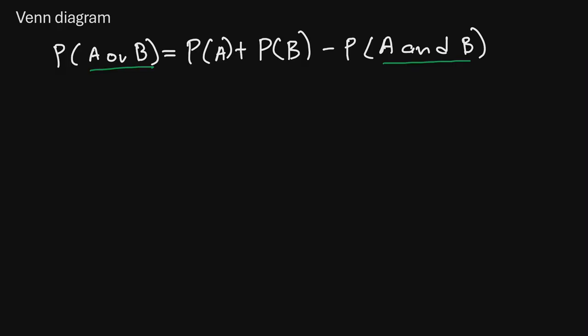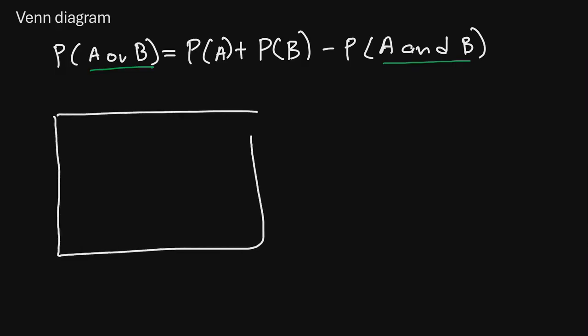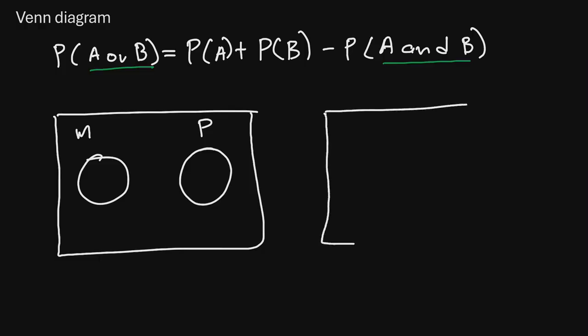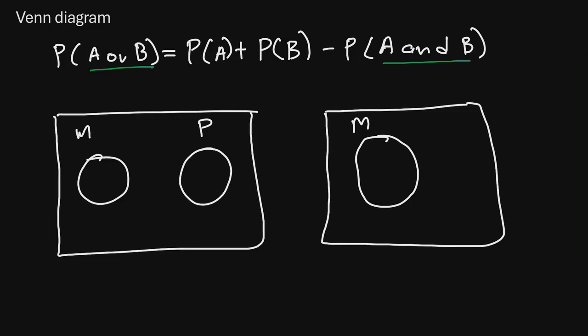Let's say, for example, we have these two Venn diagrams whereby we have students that are doing maths and physical science. In the other Venn diagram, we have students that are doing maths and students that are doing physical science, but we also have students that are doing both maths and physical science.